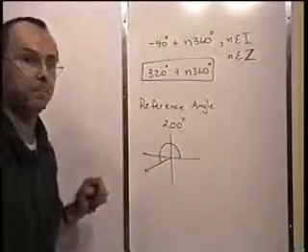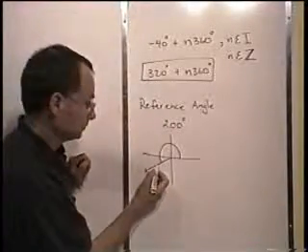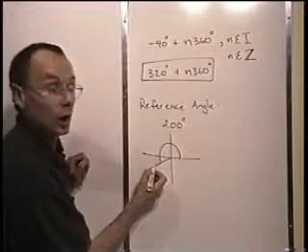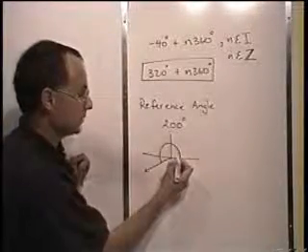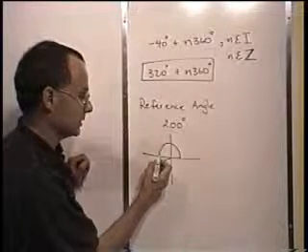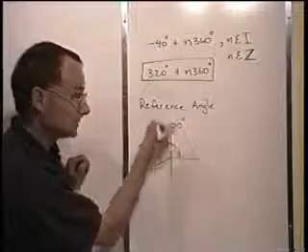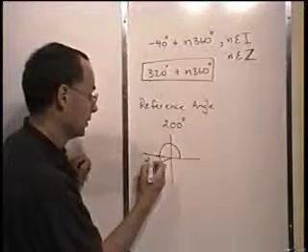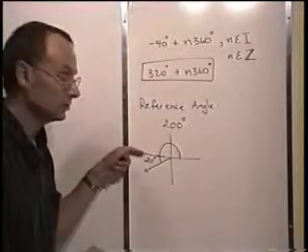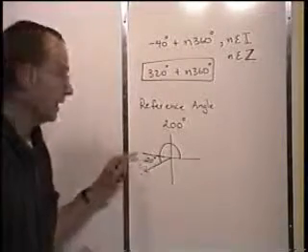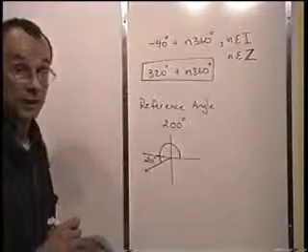something like that. What would be the acute angle going from the terminal arm to the x-axis? Well, if you think about it, you've gone 180 degrees to get to here, and another 20 to get to 200. So there is a 20-degree angle between the x-axis and the terminal arm. And that little angle, very important angle, is called the reference angle.